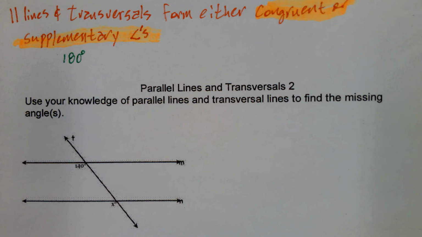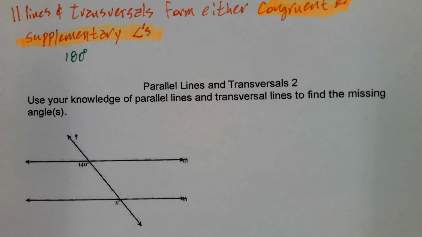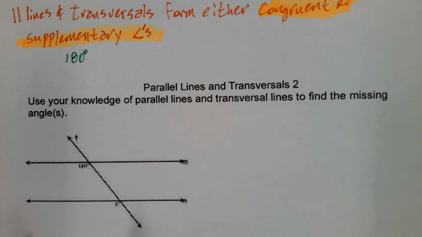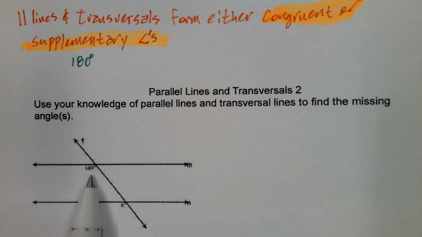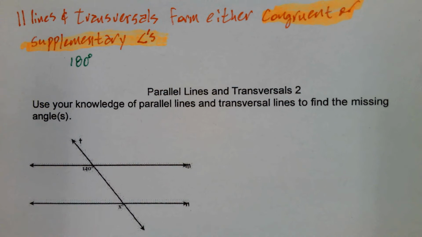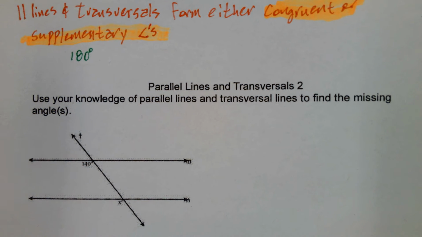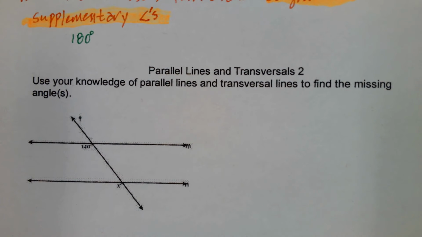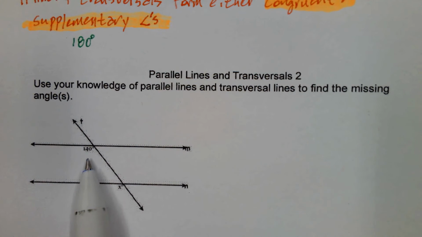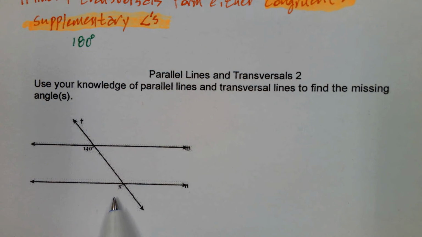Okay. So take this situation here where we have 140. It says use your knowledge of parallel lines and transversals to find the missing angles. We can find all of these angles, right? Let's find all the angles that are congruent, equal to 140, starting with x.